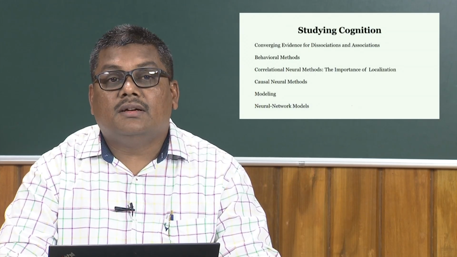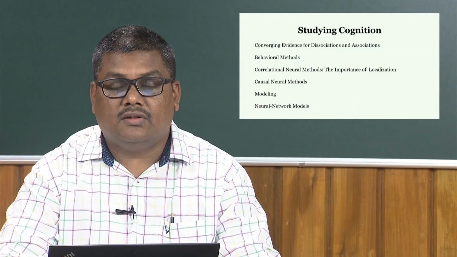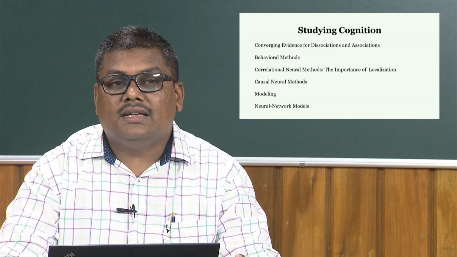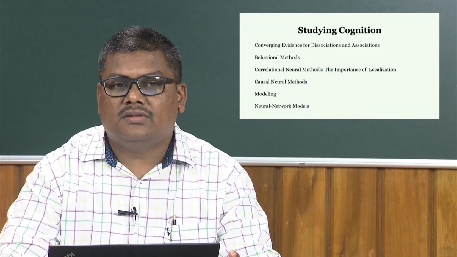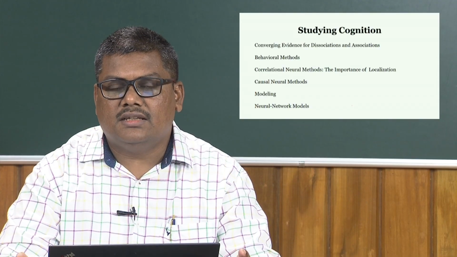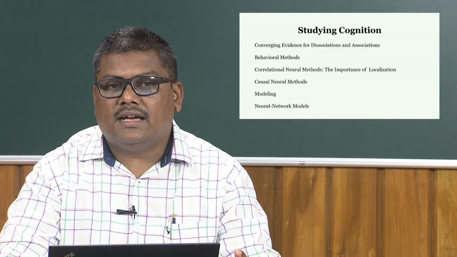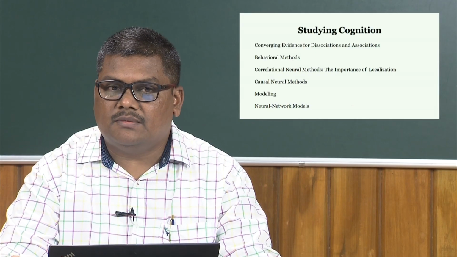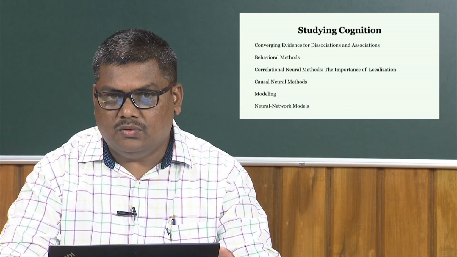Now, one of the main reasons why the brain should be included in the study of cognitive psychology is to understand the processes of dissociation and association, because these will tell us what processes are similar if two mental acts take place and what processes are different in two mental events.